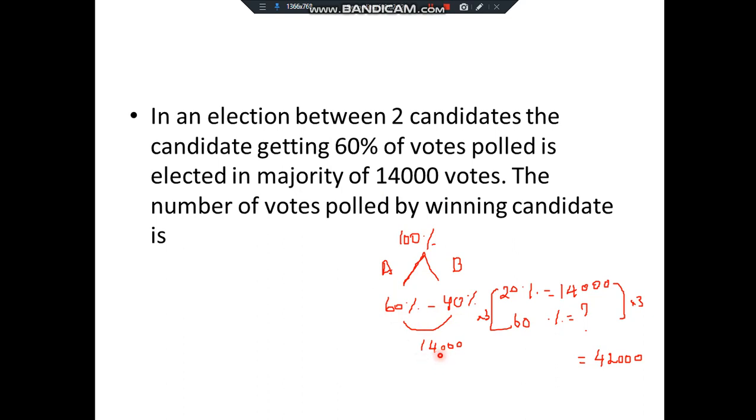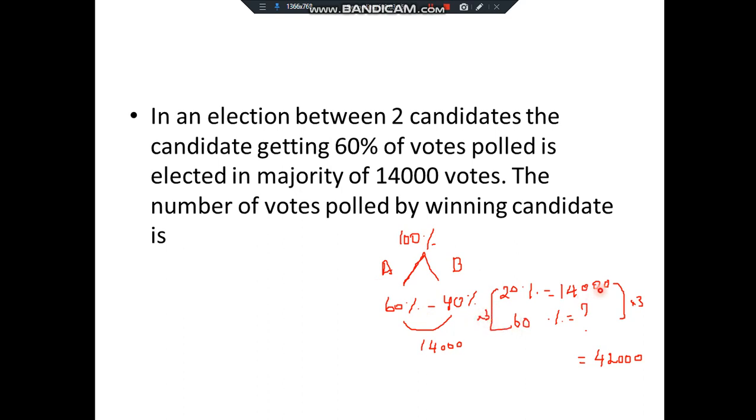So 60% minus 40% is 20%. So 20% is equal to 14,000. Now our question is not 100%, but 60%, that is the number of votes polled by the winning candidate. So 60% is equal to how much? Cross multiply and find the answer, or else find the relation. See, 20 to 60 is multiplied by 3.